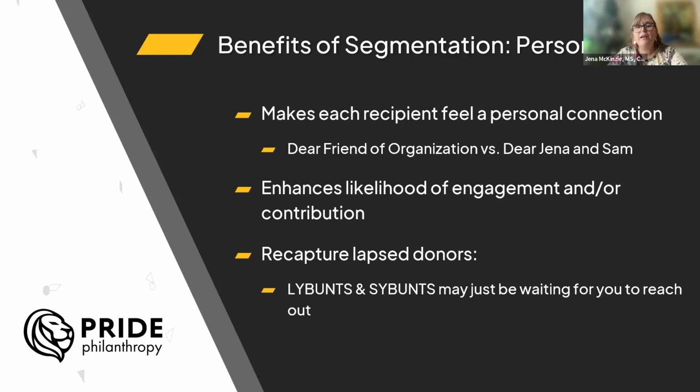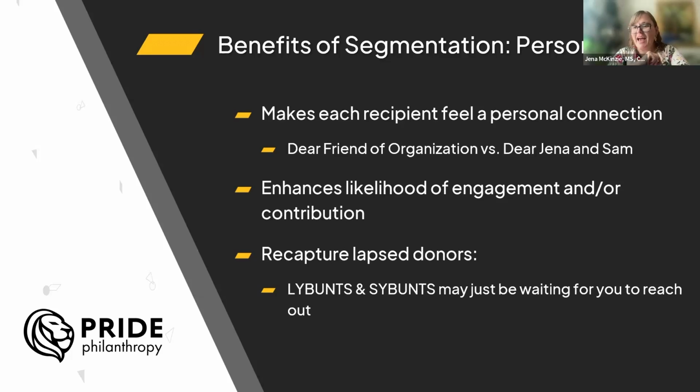So, what other benefits do we have of personalization? Recapturing your lapsed donors. Again, as Jared pointed out, you're gonna save money by retaining the donors you had last year. It's gonna be easier to recapture them, and the sooner you recapture, so for anybody that's like, what are these alphabet soup letters?